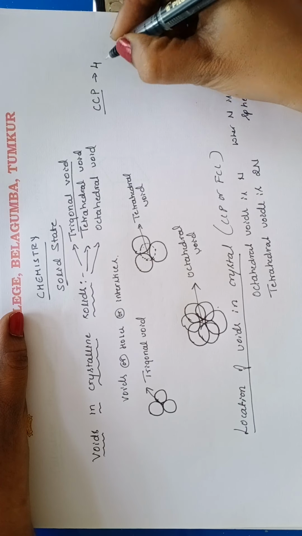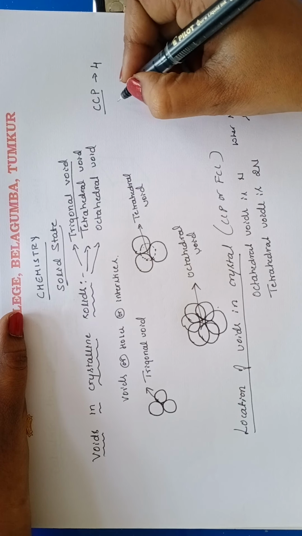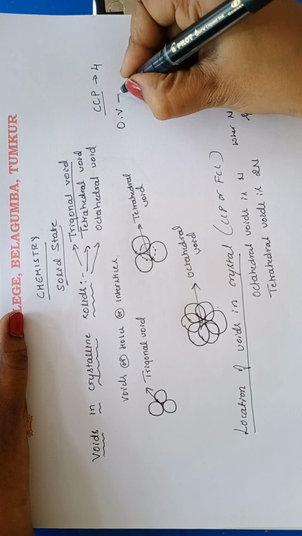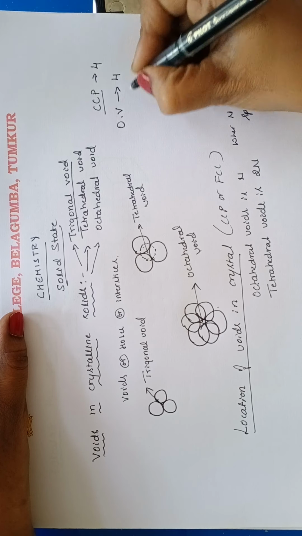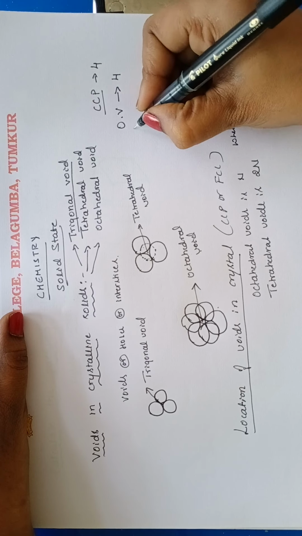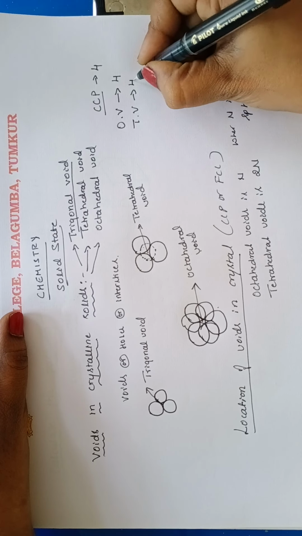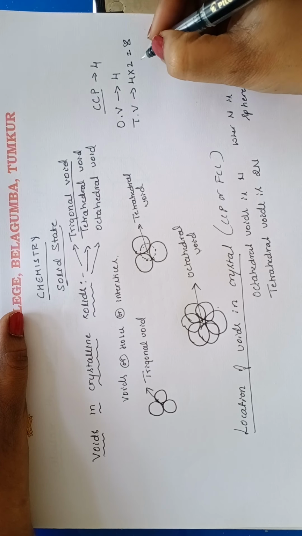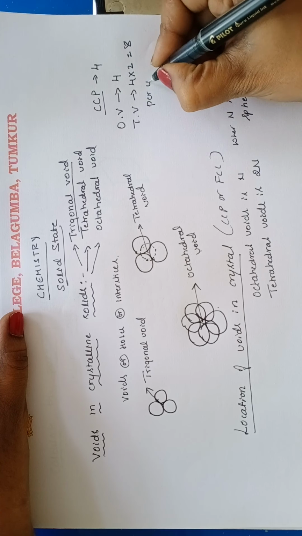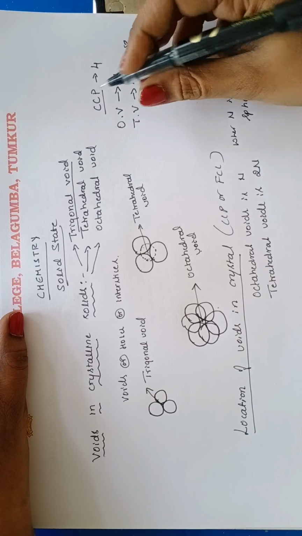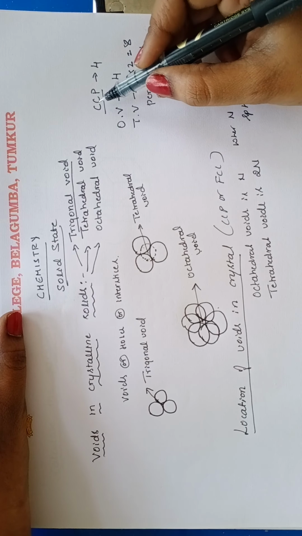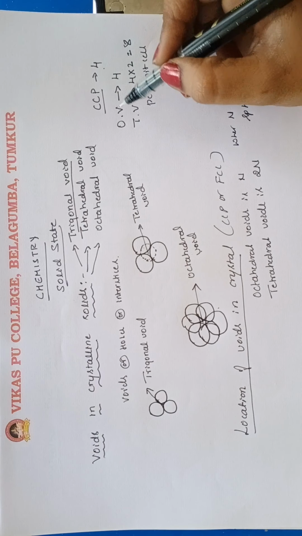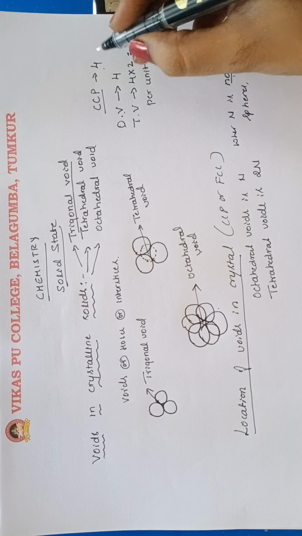Here the octahedral voids equal 4, and the tetrahedral voids are 4 into 2, that is 8 tetrahedral voids per unit cell in CCP. Therefore for octahedral voids, n is 4.